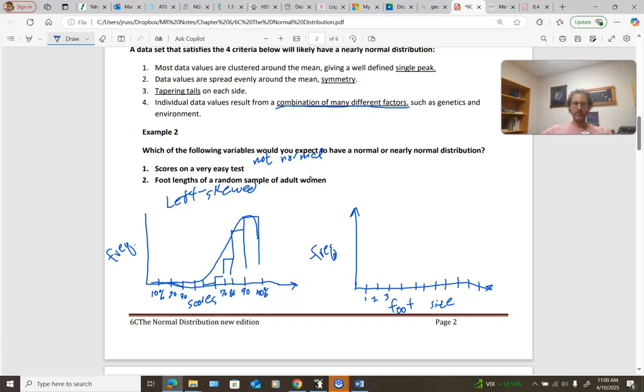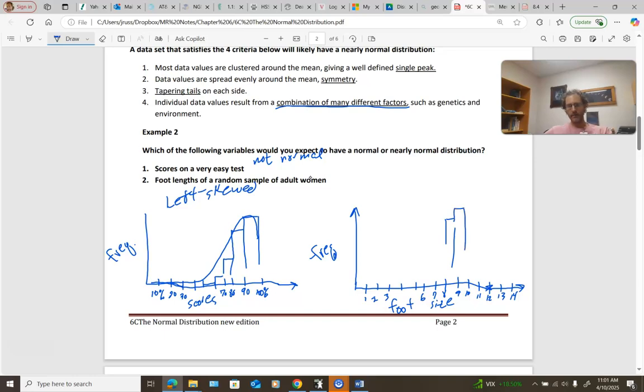But let me actually extend this horizontal axis: 4, 5, 6, 7, 8, 9, 10, 11, 12, 13, 14, etc. I don't know what the average female foot size is, but I might guess it's maybe around 9 or 10 inches. So that's probably where you would have most of your data, maybe somewhere in here.